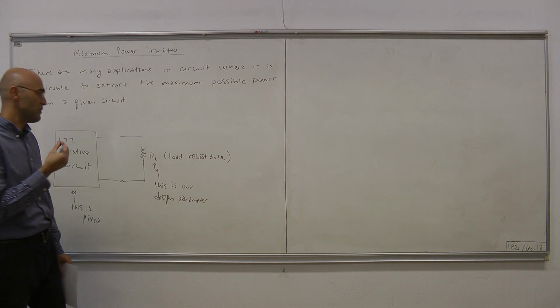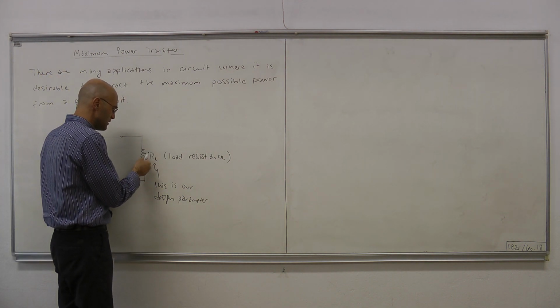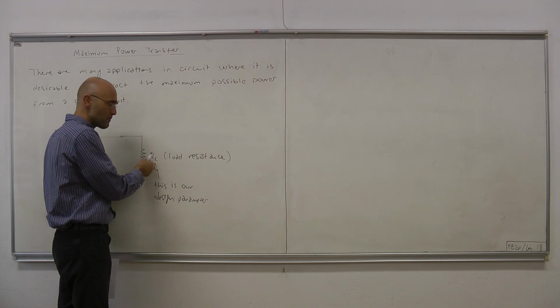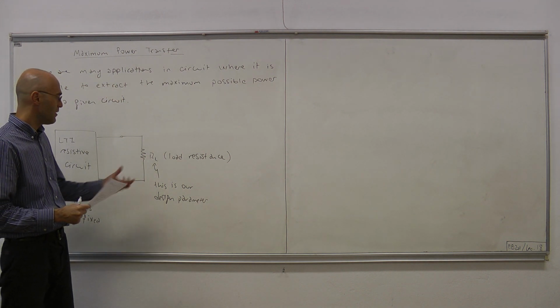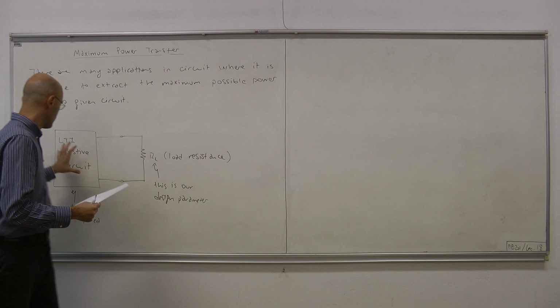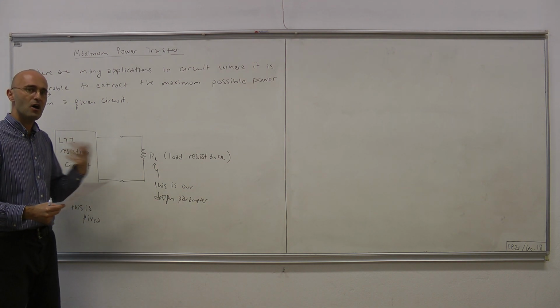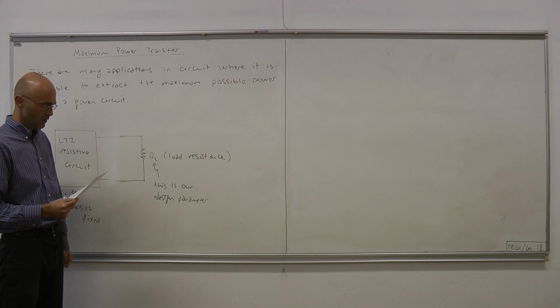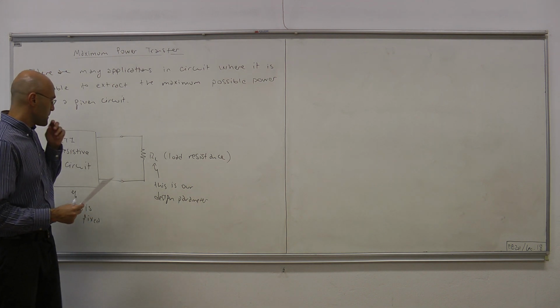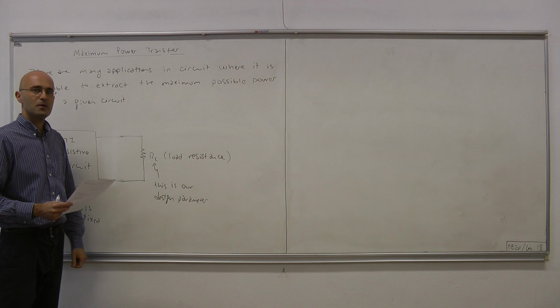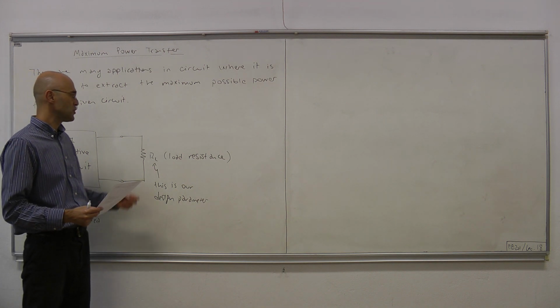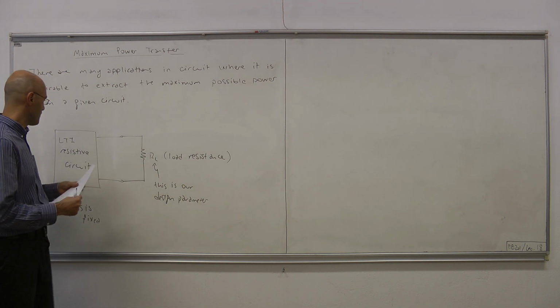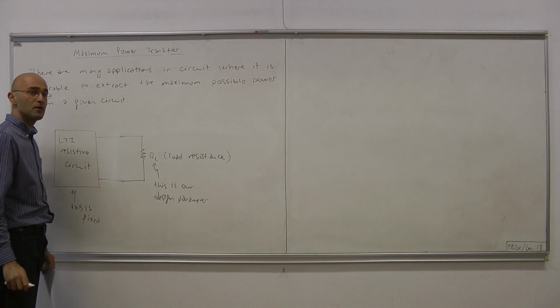And you want to figure out the resistance of this resistor such that the power that this load extracts from the rest of the circuit is as high as possible, namely its maximum.